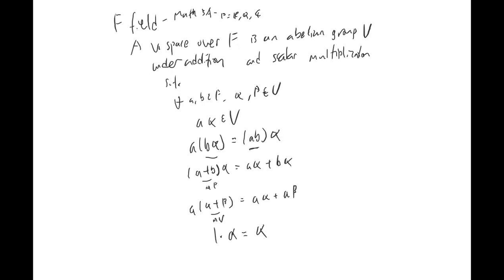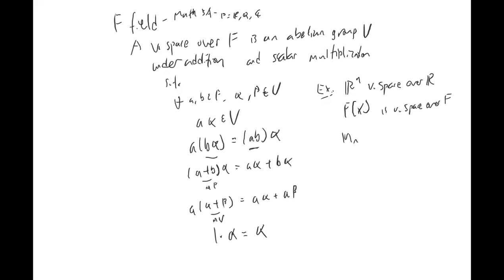Examples include R^n, a vector space over R. You can multiply vectors by scalars, and the scalars are elements in R. Your polynomial ring is a vector space over F, since you can multiply polynomials by constants.